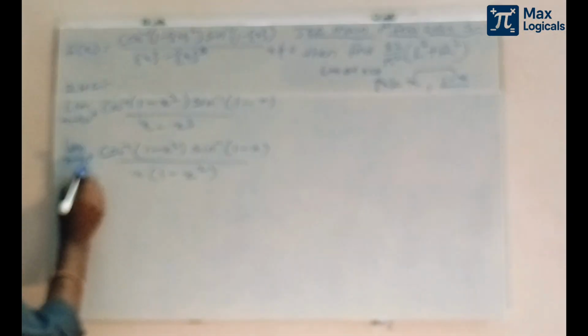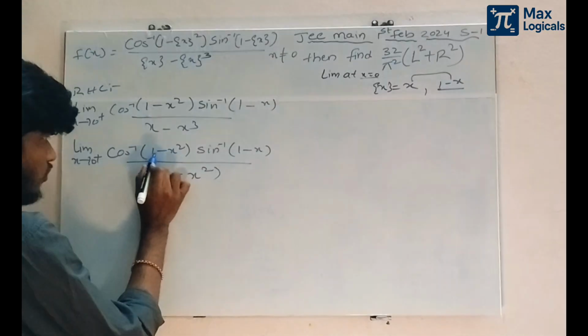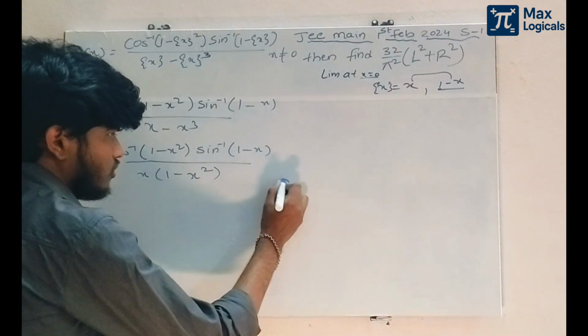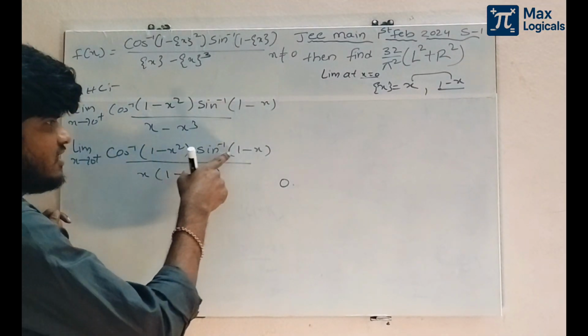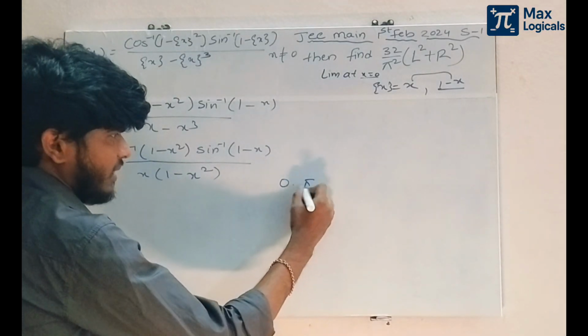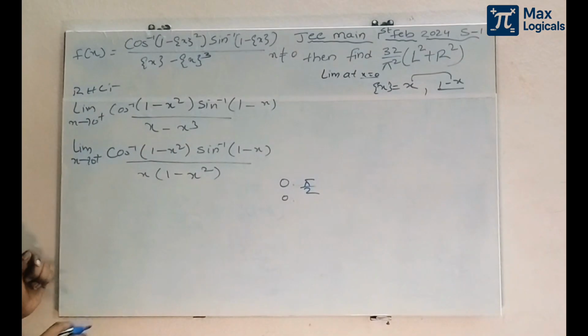What happens when we substitute 0: cos inverse of 1 is 0, and sin inverse of 1 is pi by 2, and in the denominator, 1 minus 0.